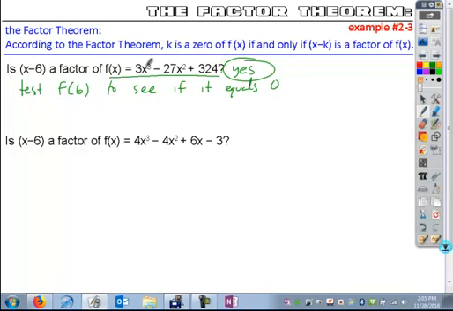Right? And so what you would then do in a problem like this, if you get that the remainder is equal to 0, you could then go through and do the synthetic division. Okay? So you would get 3, negative 27. There's no x's, so 0, 324, your corresponding 0 for the factor is 6.